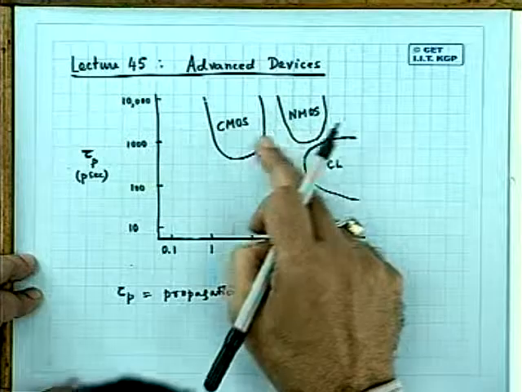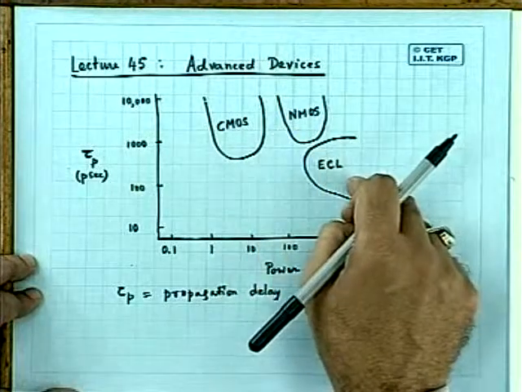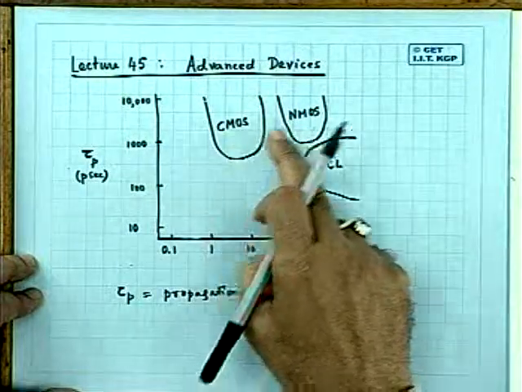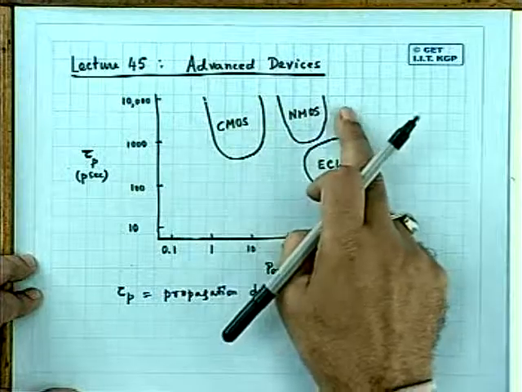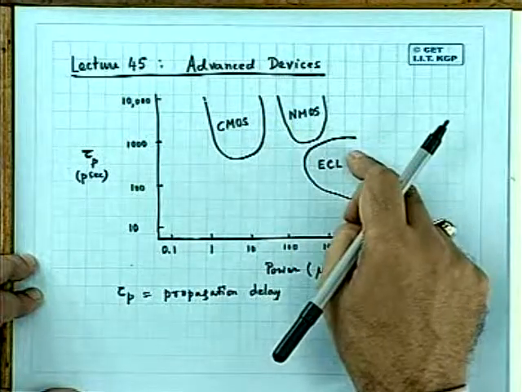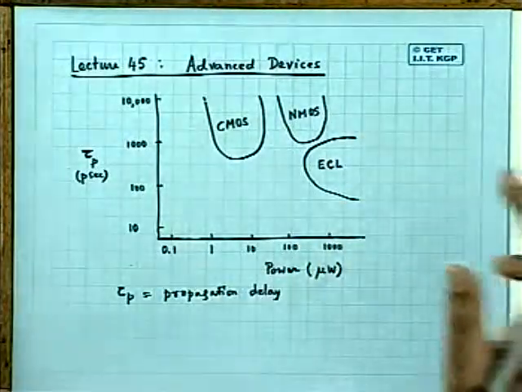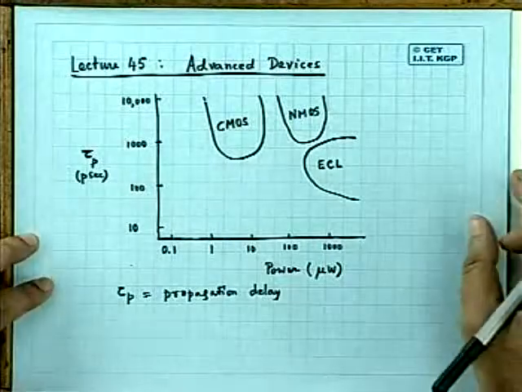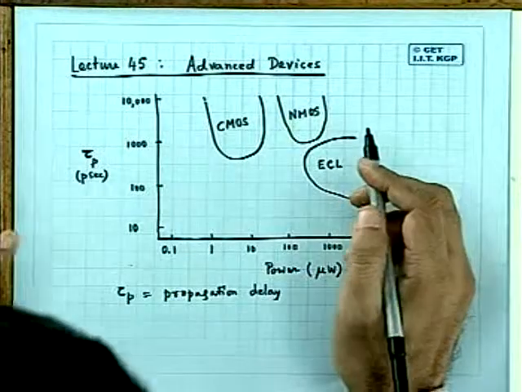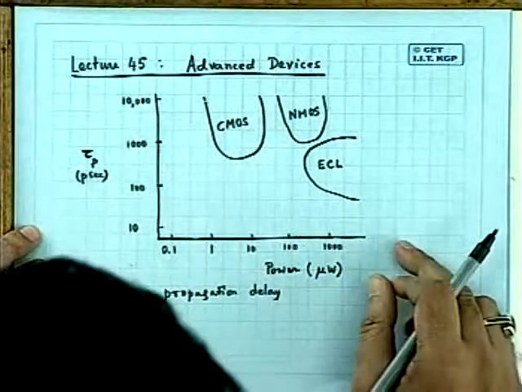So far as power dissipation is concerned, CMOS was far better than NMOS and in fact any other logic family. But so far as speed is concerned, it was inferior to NMOS, ECL, and the other so-called MOS. But then with scaling, the CMOS technology developed very quickly, and ultimately CMOS has taken a very good position in the power delay plane.